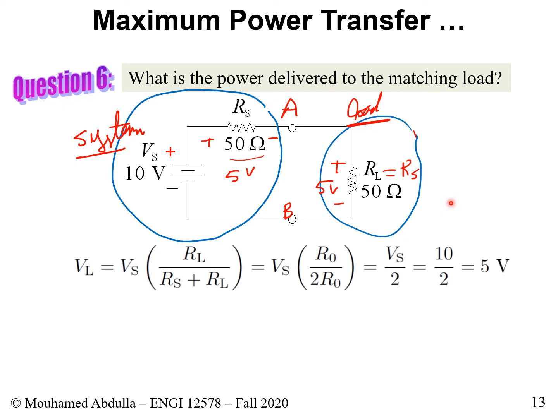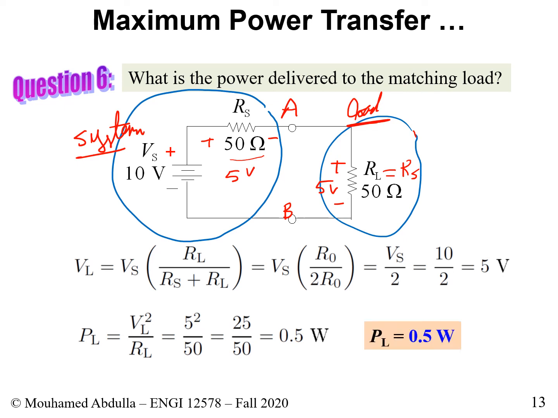Now that you have your 5 volts, you could use it in Watt's law to determine the power dissipated by the load. We take the 5, square it, divide by 50, and we get 0.5 watts, or 500 milliwatts. And that's really the maximum power that is delivered to the load.